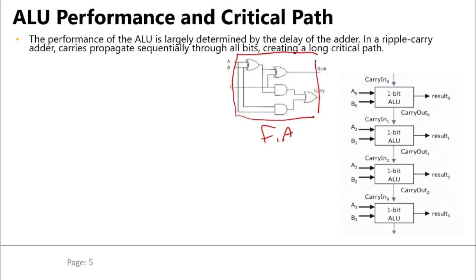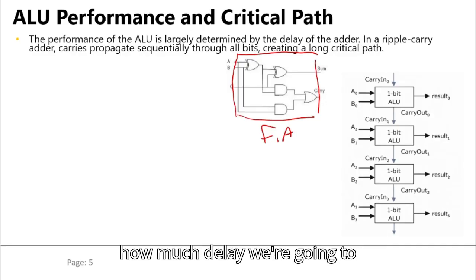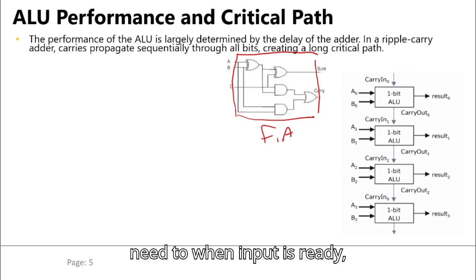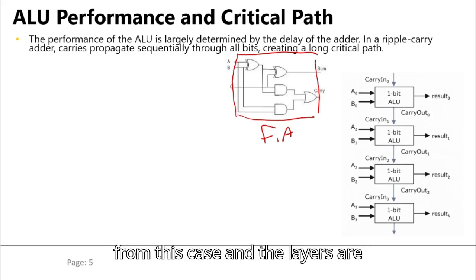When I'm talking about layers, it means how much delay we have when we add 2 bits to get the result. We also call that throughput. It is the time needed, when the input is ready, for the output to get ready. This delay is also called propagation time, the time that the signal takes passing through these gates.